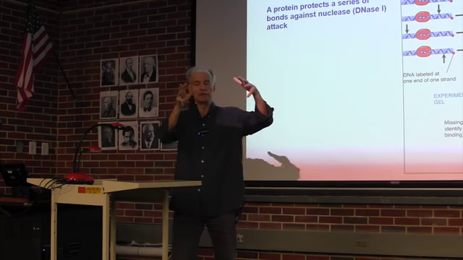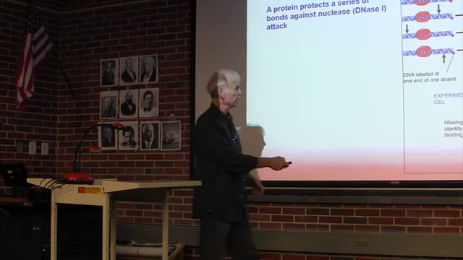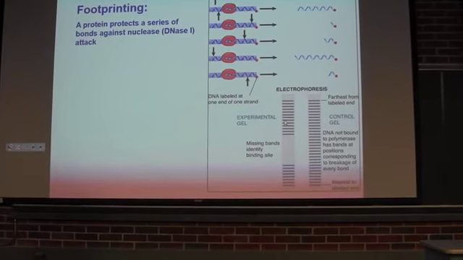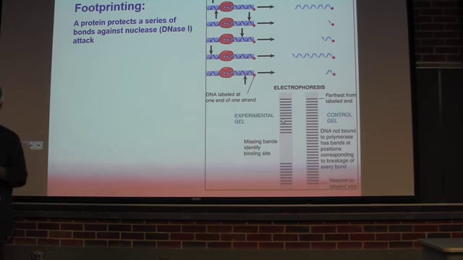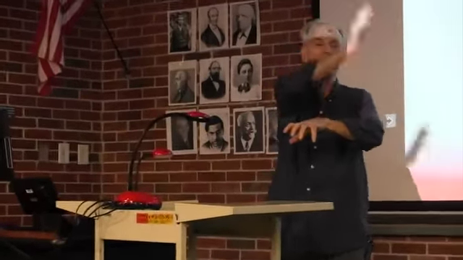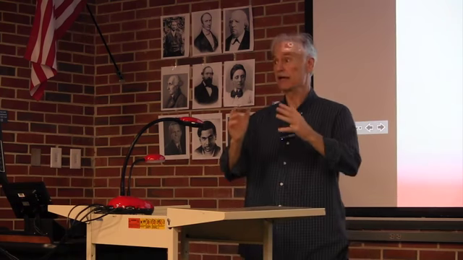If you do that without any proteins there, you'll get the ladder. But if you add a protein that specifically recognizes DNA at a particular element, as the DNase just randomly cuts, there'll be one region that is never cut because it's got a protein sitting on the DNA protecting it.